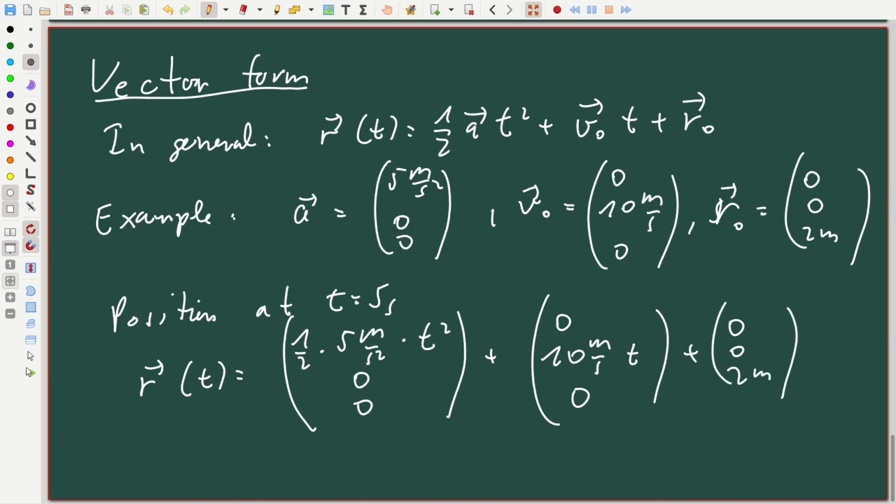There is no change at all. So this at the end will lead to r of 5 seconds equal to 62.5 meter, and here we would get 50 meter, and here we would get 2 meter.